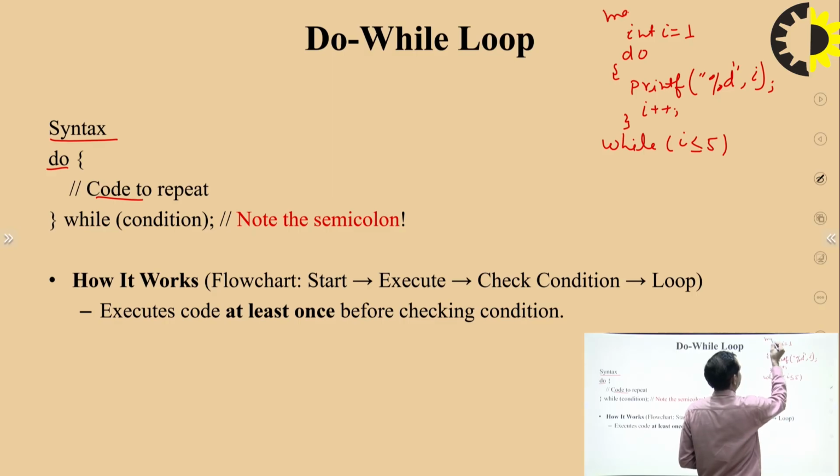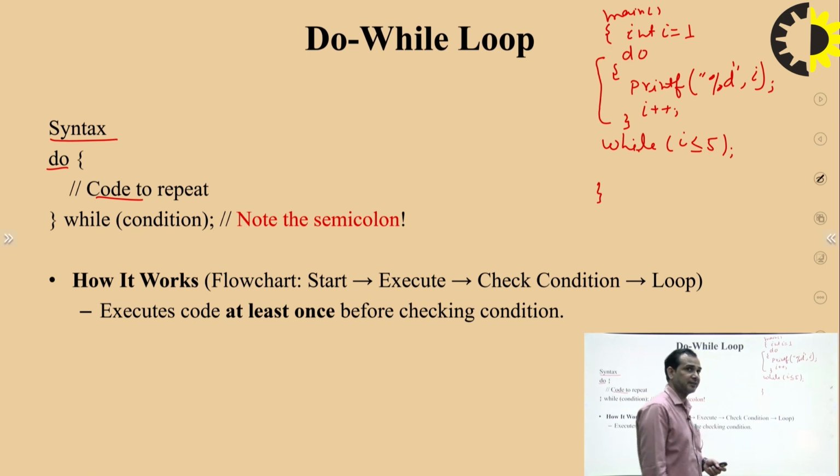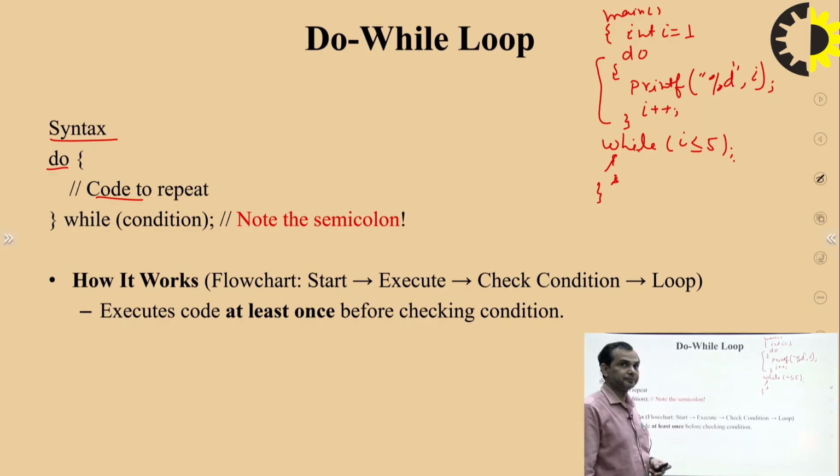This is inside the main block. So here, the do will print something on the screen, after that it will check the conditions. As discussed in previous lectures, when we write the while condition, we cannot define curly brackets, so it is mandatory to apply the semicolon at the end.